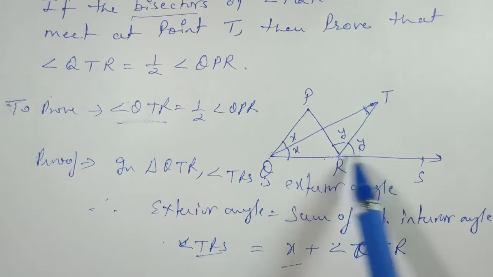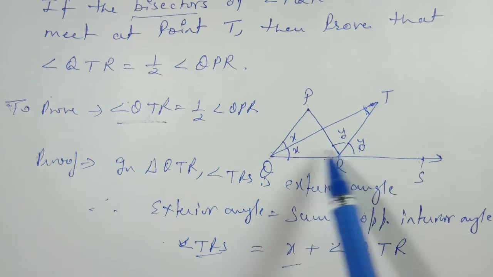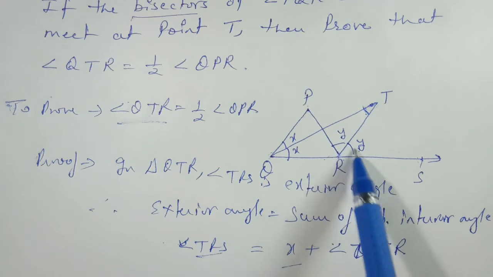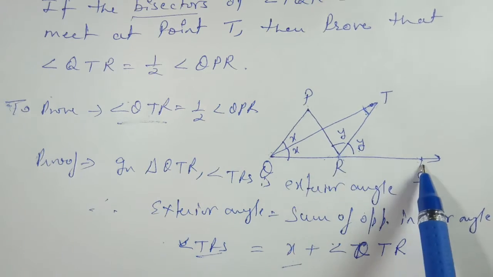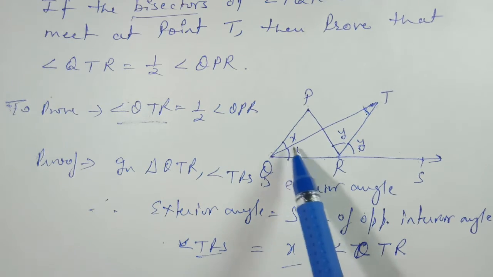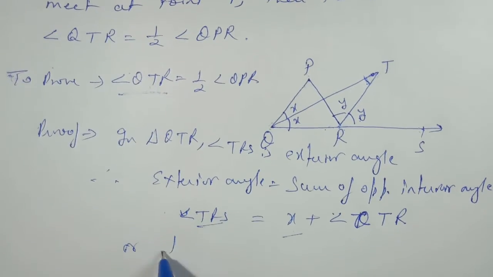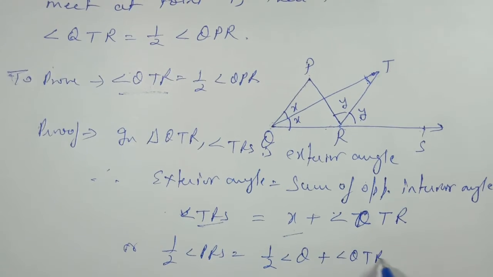And TRS we have denoted by Y. In the same way, Y is also half of angle PRS, this angle R. So in place of TRS we can write half of angle PRS, and in place of X we can write half of angle Q. So this will be half of angle PRS, and this will be half of angle Q, plus angle QTR.